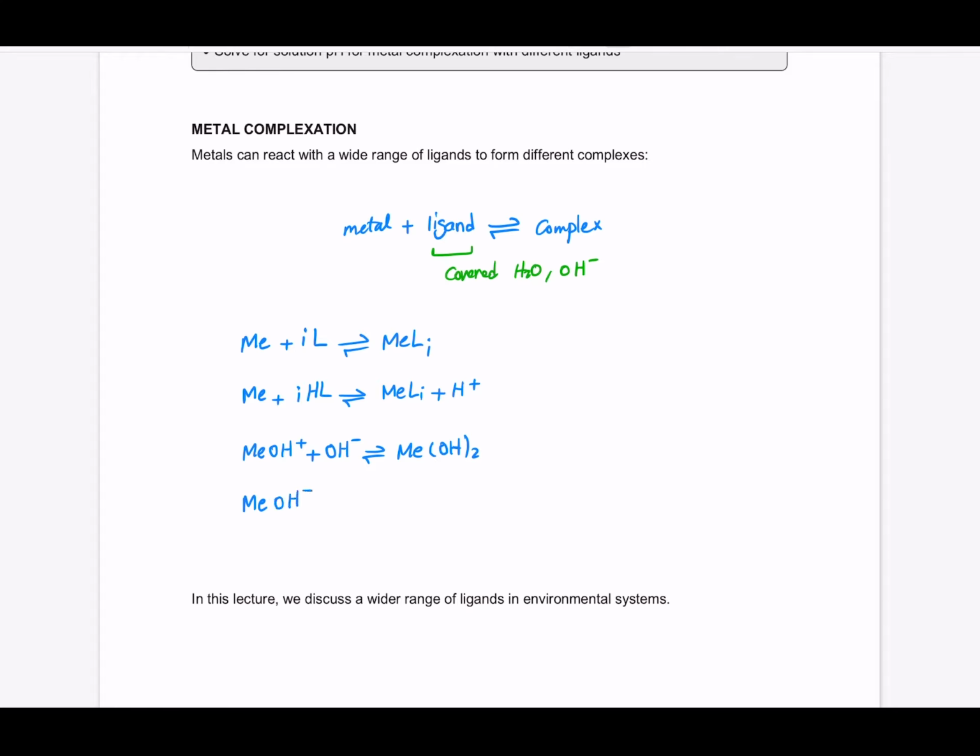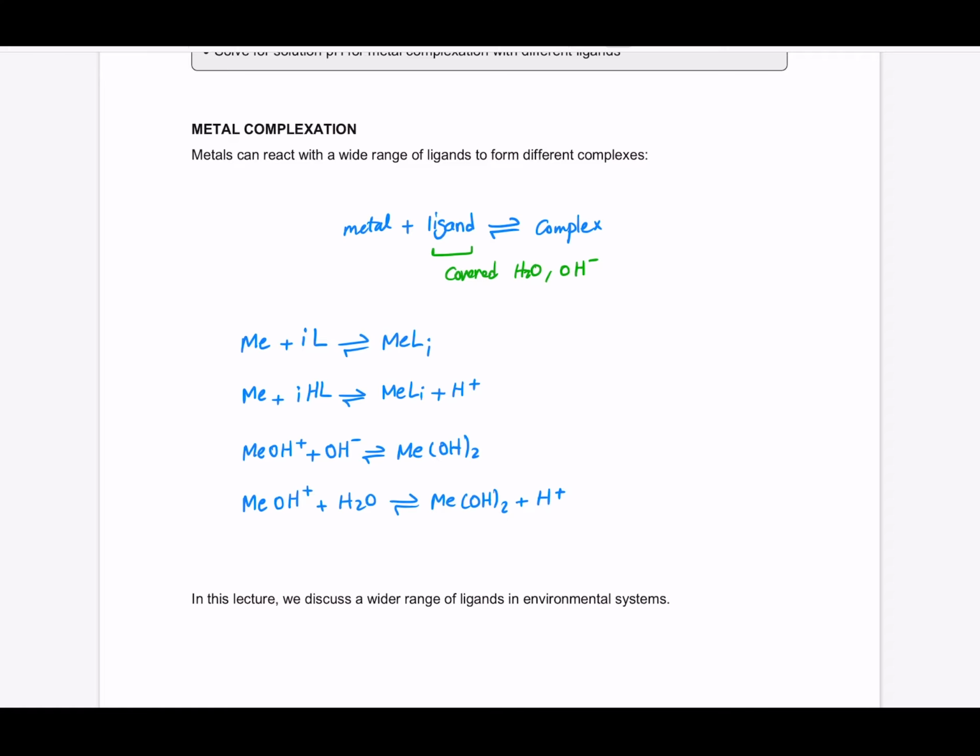So M(OH) plus H2O forming M(OH)2 plus H plus. Either of these four could be a standard approach to write a complexation reaction, but each corresponds to a specific type of equilibrium designation we talked about.